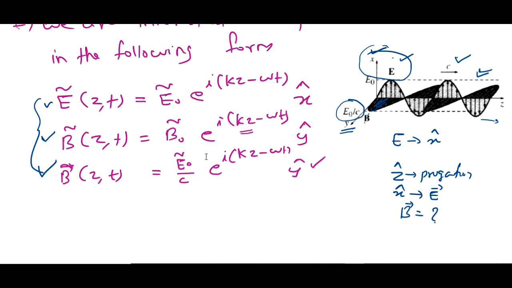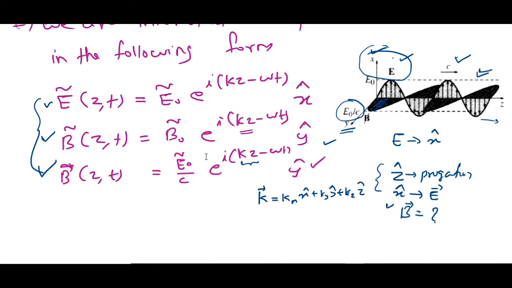We have to generalize a formula to find B if all this information is given. For that, one thing you should remember: how did you get this kz? The wave vector k can be written as kx x cap plus ky y cap plus kz z cap.